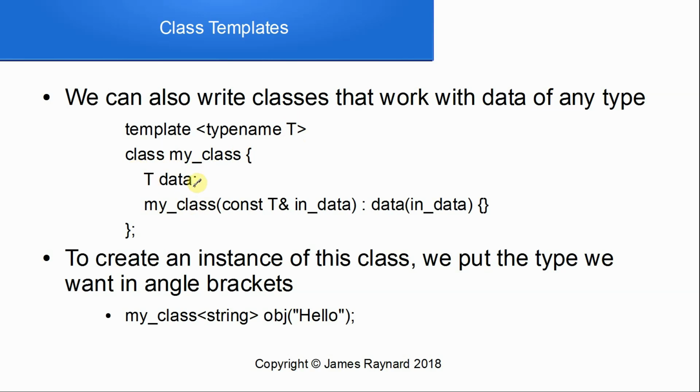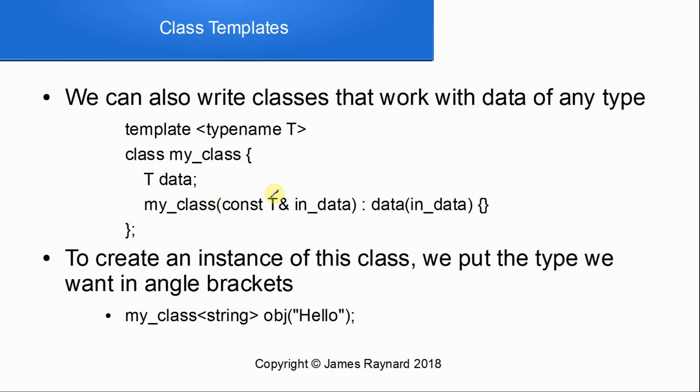The difference is that with a template class we can use data which is of the dummy type, so we could have a member variable here called data, which is of type T. When this gets instantiated, this is going to be replaced with an int or a string or a vector or whatever it needs to be. And we can also have member functions which are very similar to template functions, except that the compiler already knows it's a template, so we don't need to put template typename T in front of it.